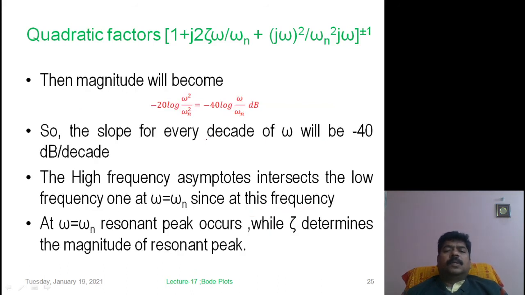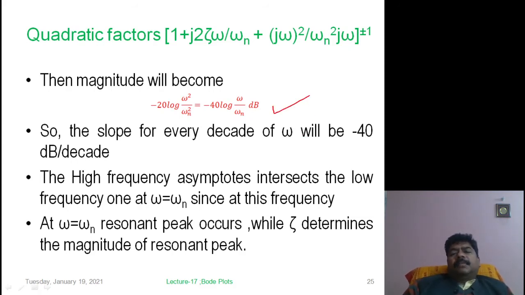So you can write simply minus 20 log omega square by omega n square, or that square can be written outside since it is a log, so minus 40 log omega by omega n in decibel.